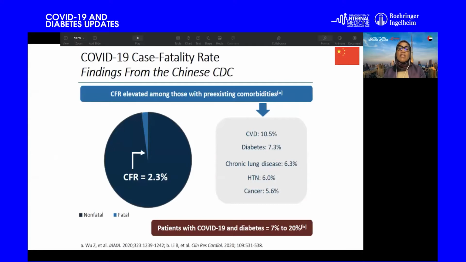And in fact, the first to sound the alarm bells were the Chinese when they reported in JAMA on the case fatality rate, and they showed that the case fatality rate was much higher in those individuals with pre-existing comorbidities, and diabetes was listed as the second one with a case fatality rate of about 7.3% and 10.5% with those with cardiovascular disease.